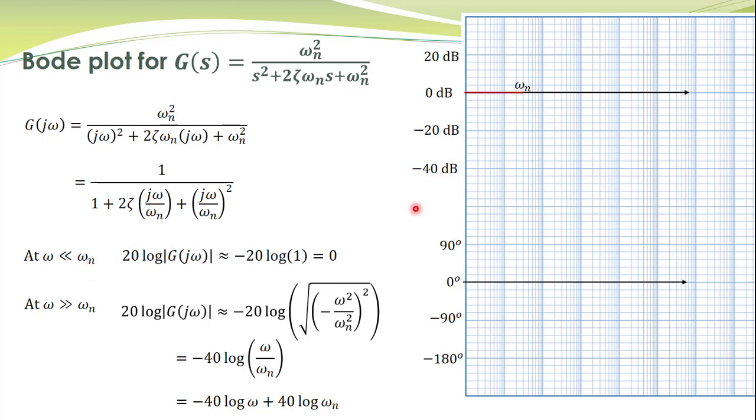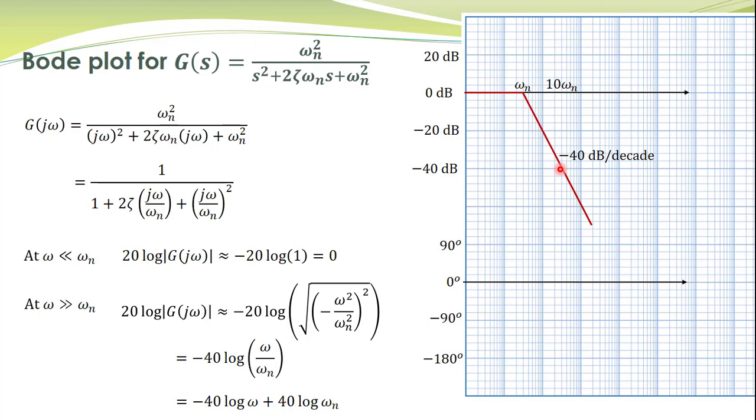Up to this frequency, the magnitude is 0 dBs, and at higher frequencies, there is a straight line with a slope of minus 40 dBs per decade. To draw a line with minus 40 dBs per decade, we indicate the frequency which is one decade higher than this one, and we shall draw a line with one point over here and the other point over here. So the slope of this line is minus 40 dBs per decade.